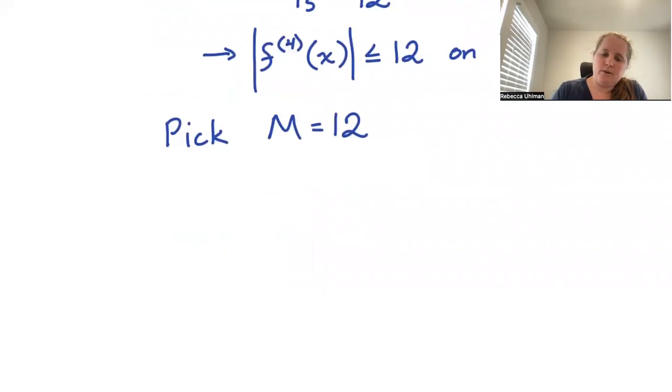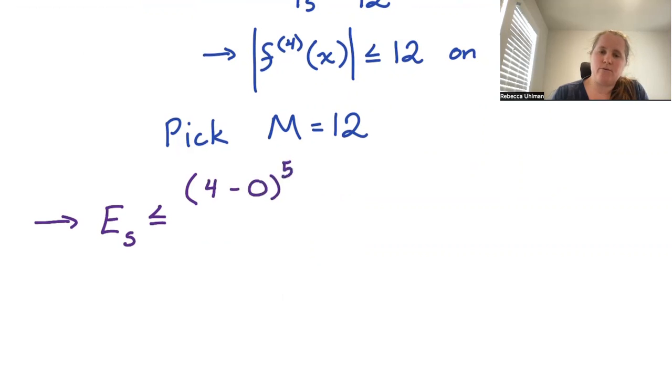Putting this all together, we get that the error bound from Simpson's rule is less than or equal to b minus a, so 4 minus 0 raised to the 5th power, divided by 180 times n to the 4th, so 180 times 4 to the 4th, times M, so times 12.